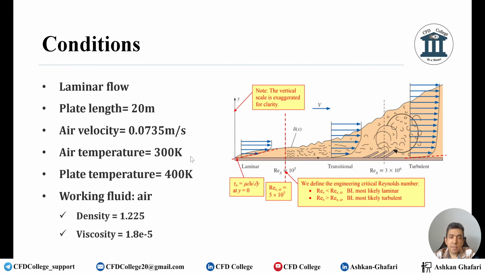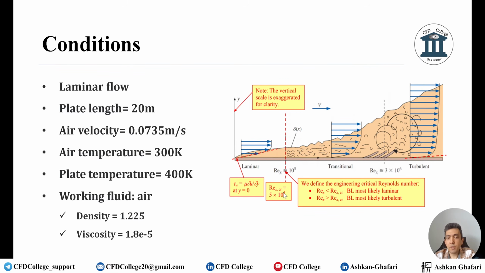As you know, when we have a flow over a flat plate, we have three regions: laminar flow, transitional flow, and turbulent flow. Until here, where the local Reynolds number reaches 100,000, we have laminar flow.